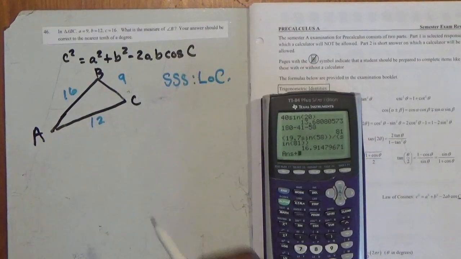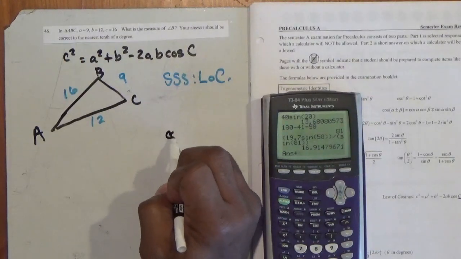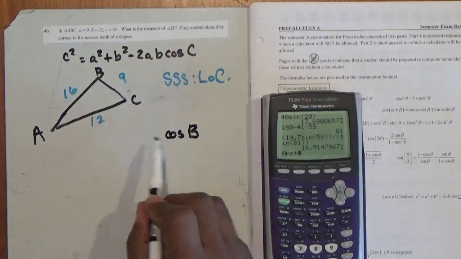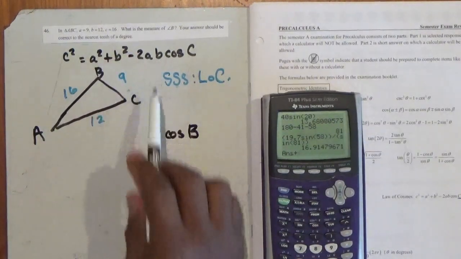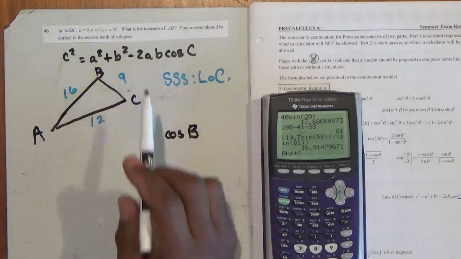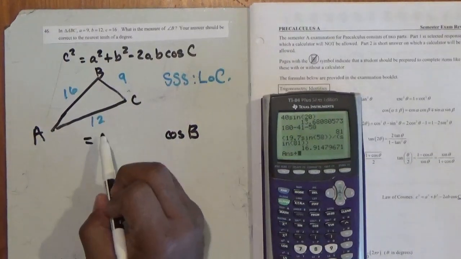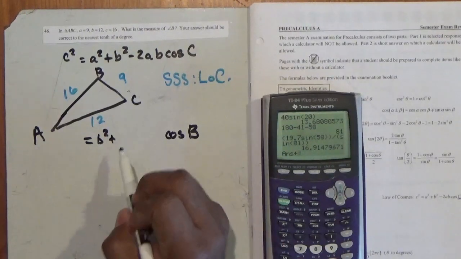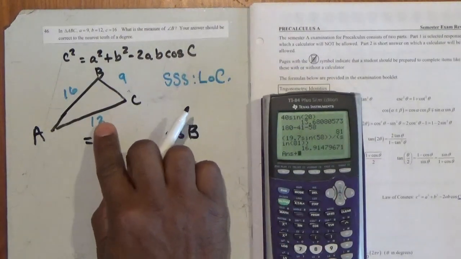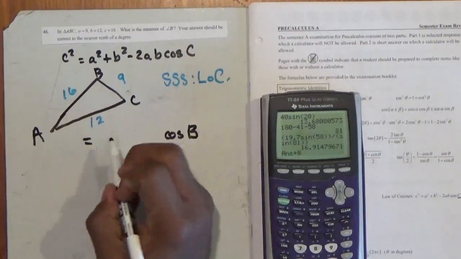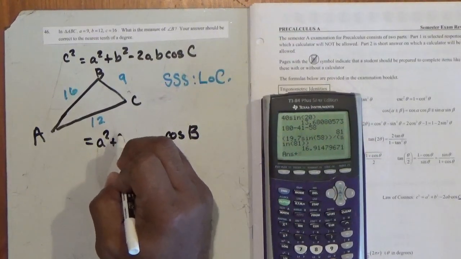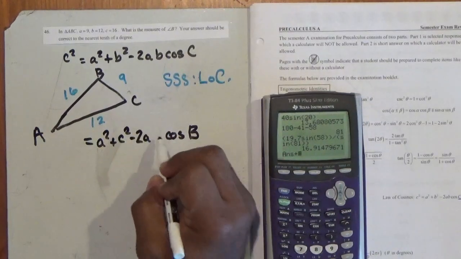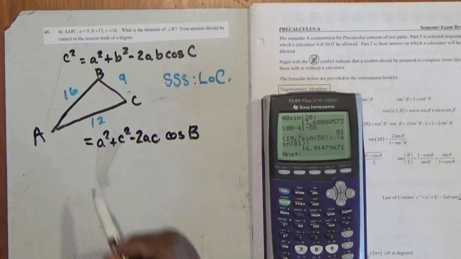Alright, so anytime that's the case, we go, well, if I want to find angle B, then that means that the other values inside here have to be A and C. So we say B squared equals A squared plus C squared minus 2AC cosine B. Oh, look at me messing up already, sorry.